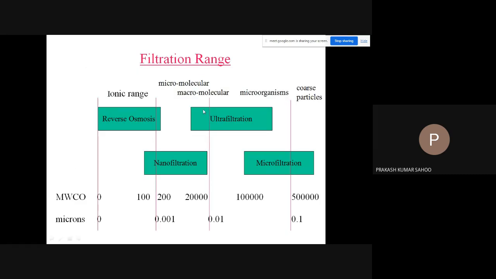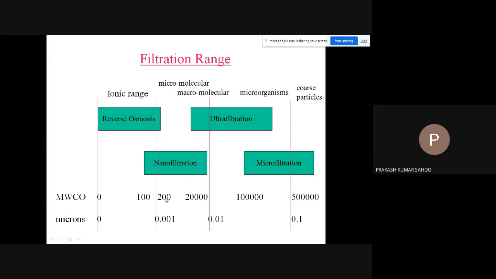Then this is just a distinctive presentation of different types of membrane separation processes. We have reverse osmosis, in the range of 0 to 100, followed by nanofiltration. In nanofiltration, we have two types: micromolecular filtration and macromolecular.